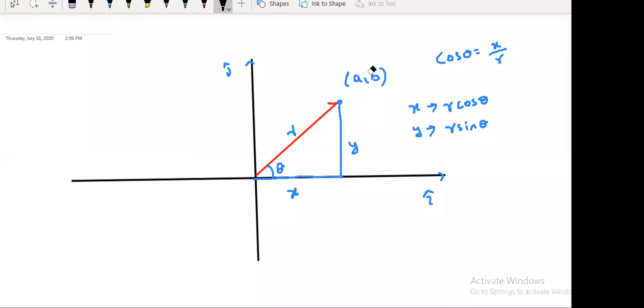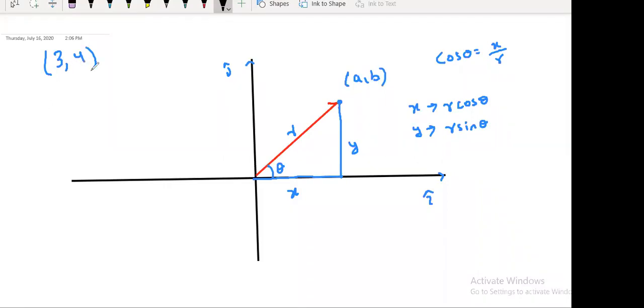Now just see this point. I'm having a point 3, 4. Let's talk about 2 dimension for now. ठीक है? 3 dimension में नहीं जाएंगे, 2 dimension में जाएंगे. First, let us understand 2 dimension. So 3, 4. What's the meaning of this?